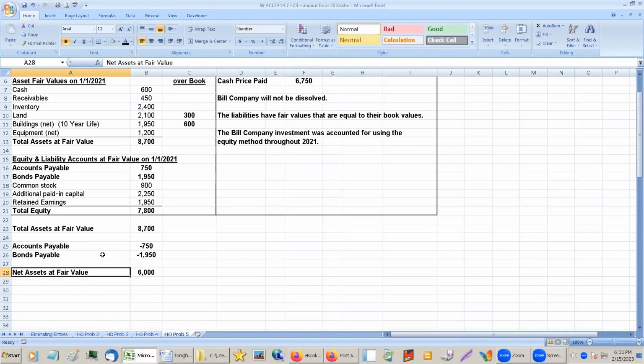I just say net identifiable assets. All right, so this is what we got as far as we can identify.